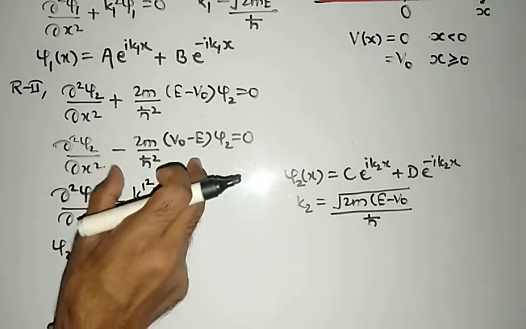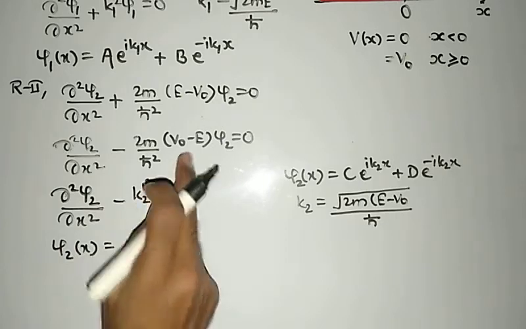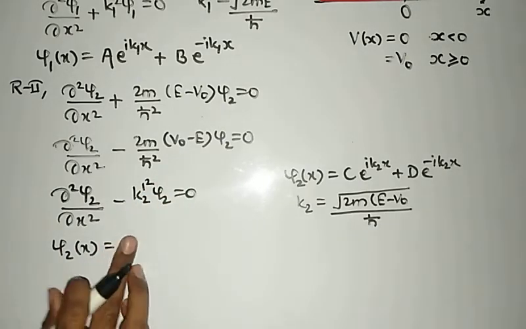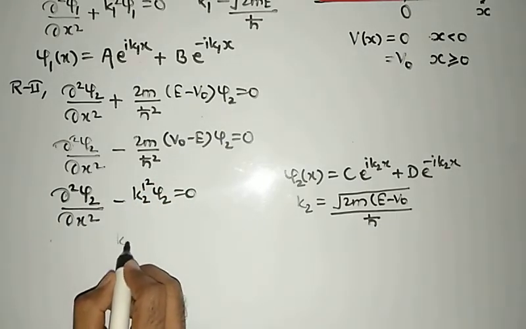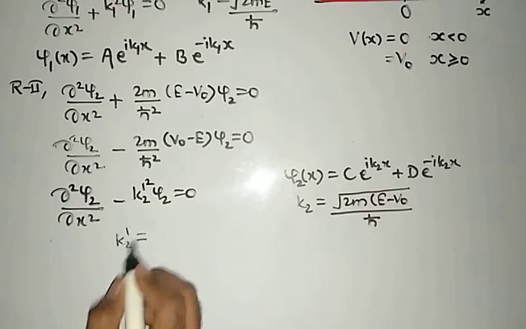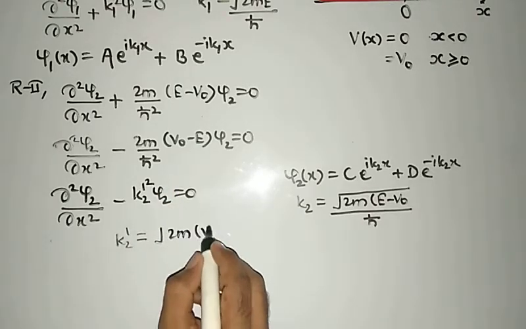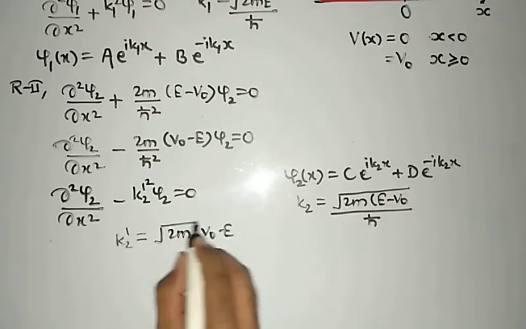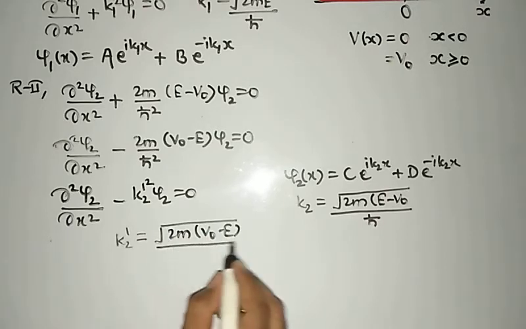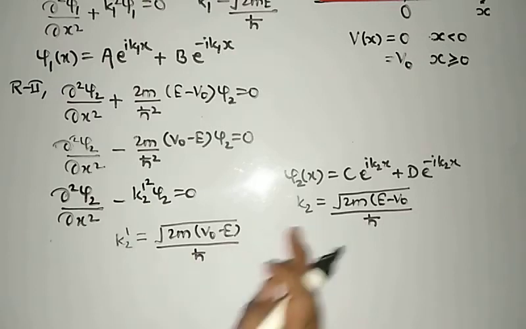But here we are considering k2 dash. What is this k2 dash? This k2 dash is under root 2m (V naught minus E) upon h cut. Let us find the relation between these.